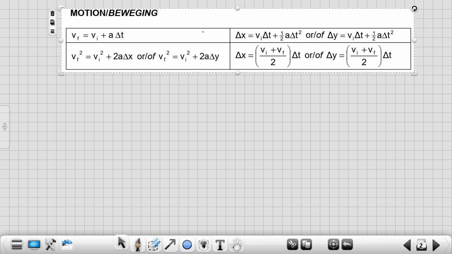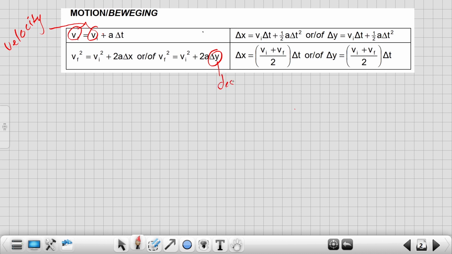But I need to emphasize a few things before we move further on. All the v's here represent the velocity of an object. Then delta y is the displacement. And a, obviously, is for acceleration.